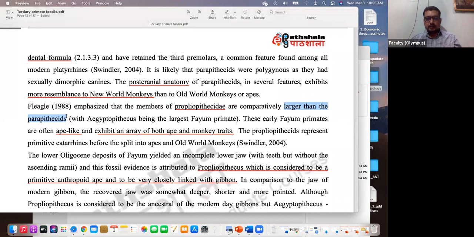And these are larger and they are more ape-like. They started showing ape-like features, meaning they are more like old world monkeys. What do you see here? Some new world monkey creatures, some old world monkey creatures can be seen here. Okay, so Pliopithecidae shows ape-like features and they have features of the old world monkeys.